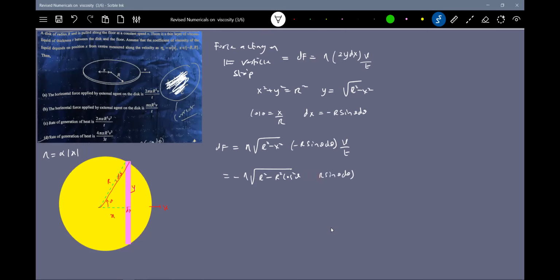This negative sign, let it be outside here. So r sine theta v by t. r will come outside, 1 minus cos square theta is sine square theta. Everything will be sine theta. r square sin theta cos theta v by t. Sin square, sorry. dx, d theta, I'm missing d theta.